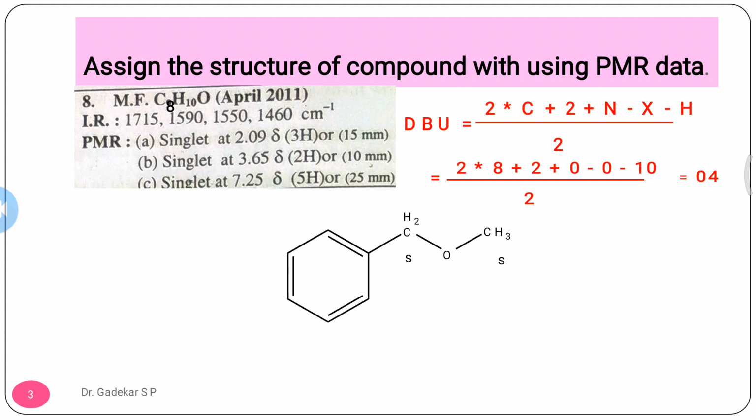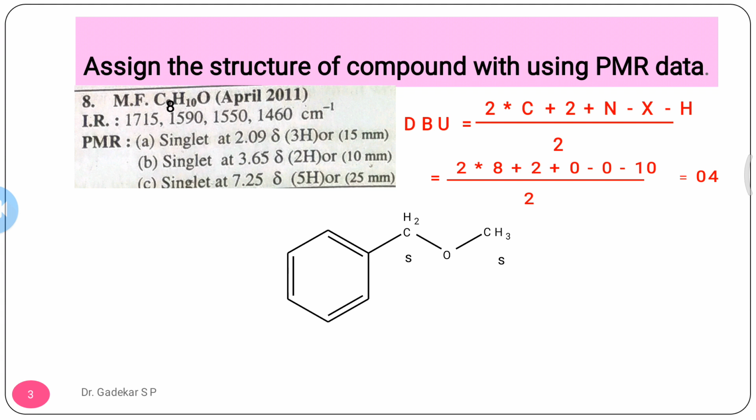Last, C is at 7.25 delta for 5 protons. 7.25 means a ring is present; 7 to 8 is the aromatic ring chemical shift region. A singlet at 7.25 for 5 hydrogens means these 5 hydrogens are chemically equivalent and appear as a singlet.